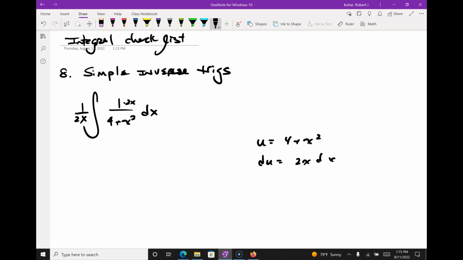Remember my operator, the integral dx? I said it was like a parenthesis or a sandwich, a bookend operator. And so where did I put that 1 over 2x? Outside. Am I allowed to move an x outside of the integral?